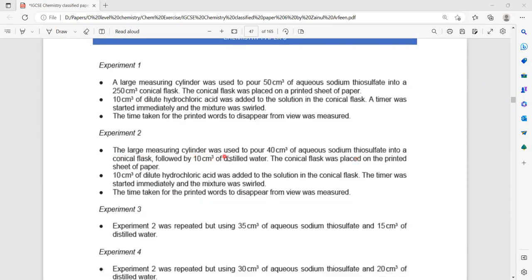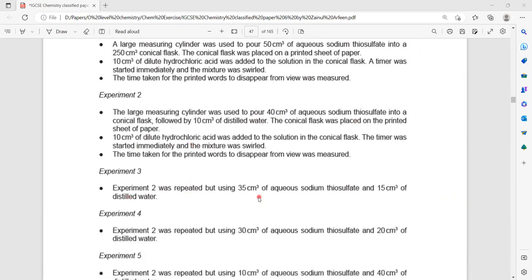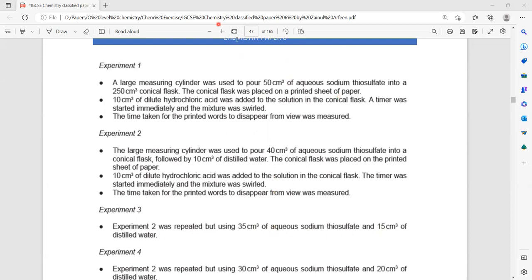Then in experiment 2, we use a large measuring cylinder and pour 40 cm cube of thiosulfate, 10 cm cube of water, and 10 cm cube of hydrochloric acid. The total volume should be 60 for each experiment so that the volume and concentration are directly proportional.